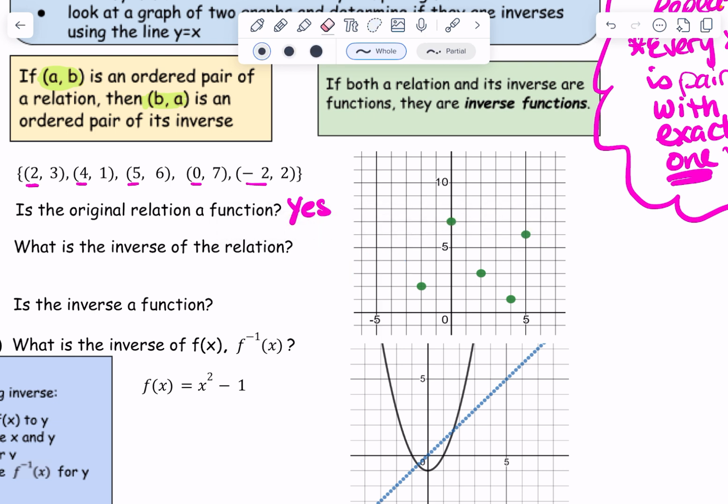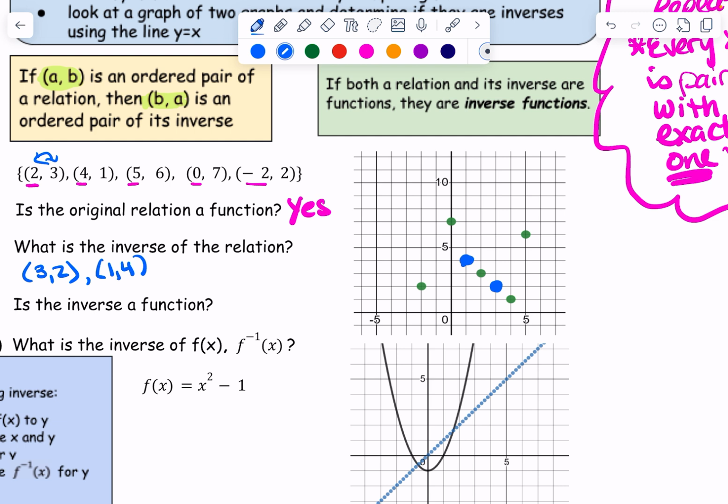So now let's talk about what the inverse is, right? To get the inverse, what we're going to do is change the jobs, right? Our b's become our a's. So we're just going to be switching these. The first one would be (3, 2), so we'll go to 3 and we'll go to 2. The next one will be (1, 4).